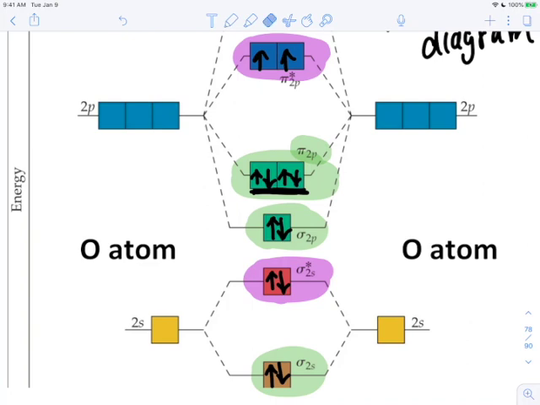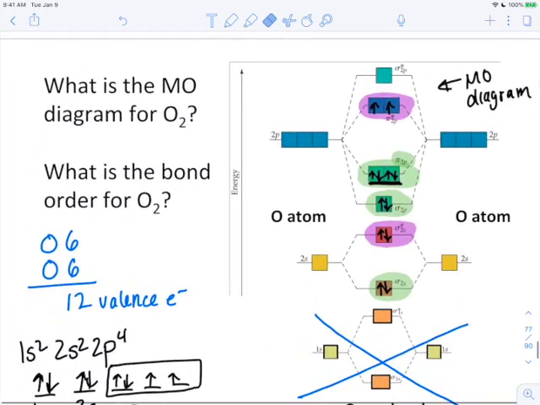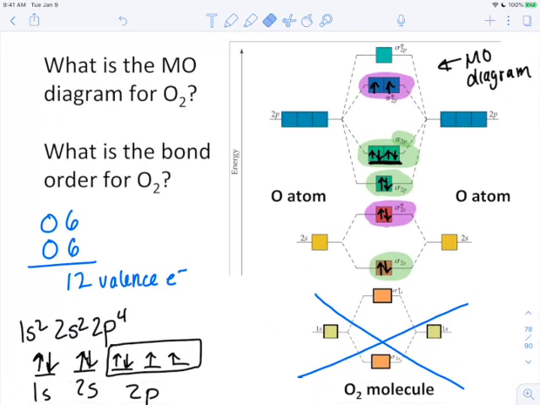So let's go ahead and take another minute or so. Anybody have any questions about what we've done so far with our molecular orbital diagrams? Okay, so let's go ahead and give everybody another minute or so.